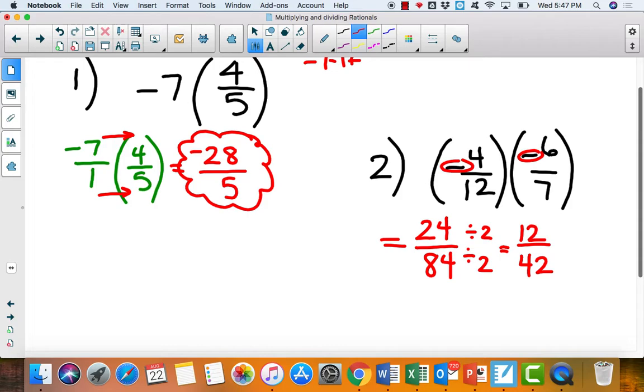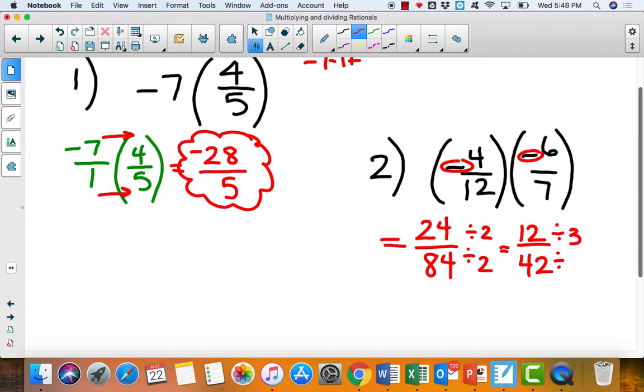Then I can divide by, let's see, 3. I can divide both of these by 3 because they're both divisible by 3. 1 plus 2 is 3, and 4 plus 2 is 6, which is divisible by 3. Remember to look at those divisibility rules at the top right of the classroom.